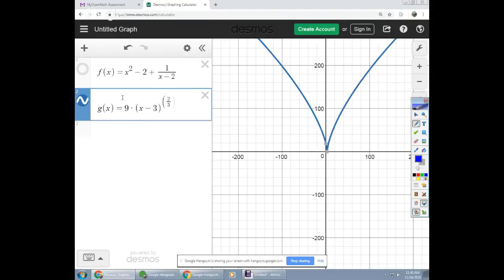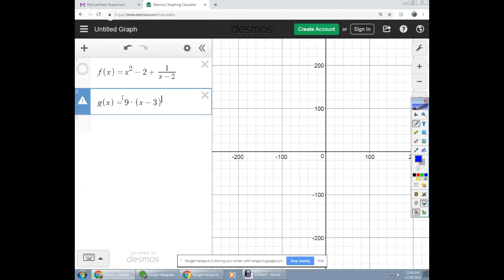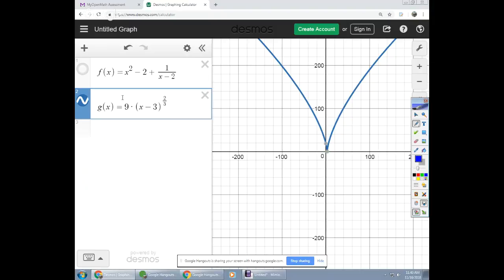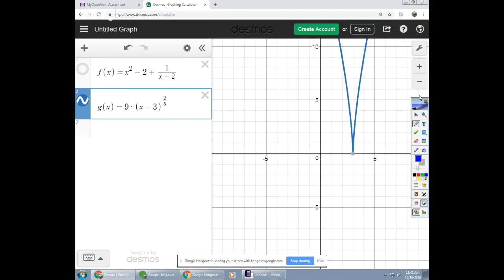You don't need parentheses, I would just have to carefully do division first. Well, you can just do 2 over 3, and it'll do it. It kind of just treats it as its own little exponent. Nice. All right. So look at what's happening in there.